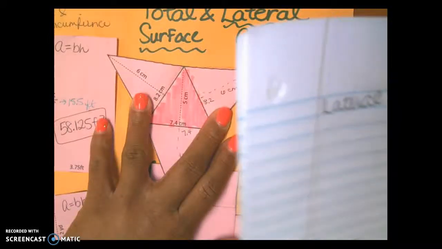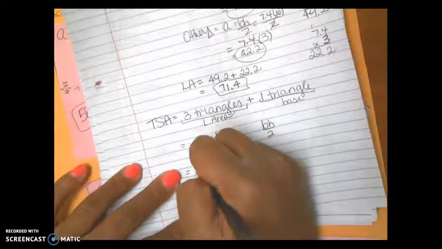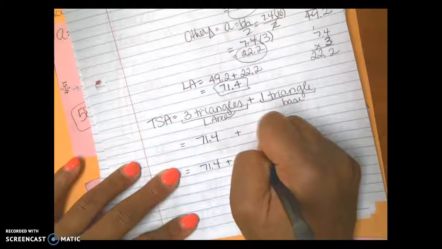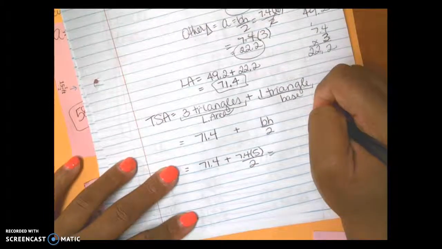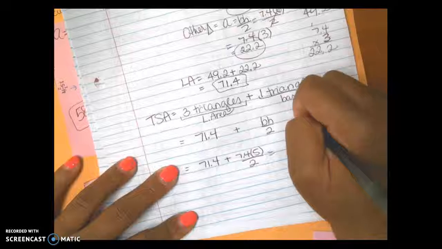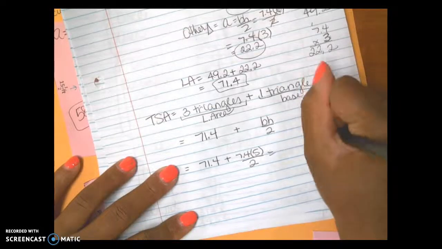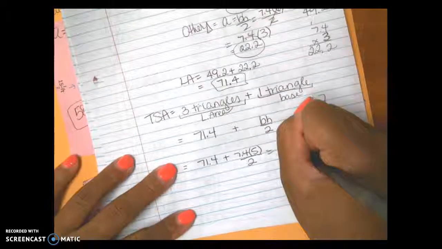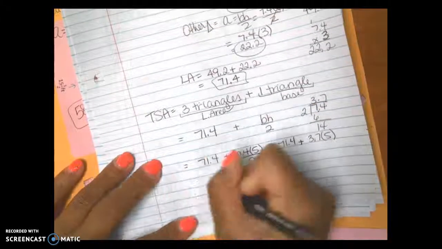Look back at that triangle. What's the base and the height of that shaded in? 7.4 and 5. 71.4 plus 7.4 times 5 divided by 2. 7.4 divided by 2 is 3.7. 71.4 plus 3.7 times 5.